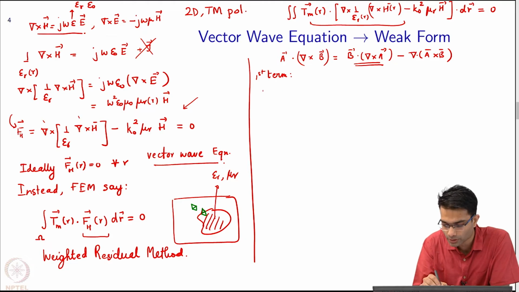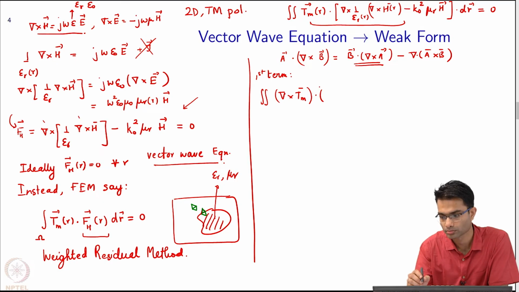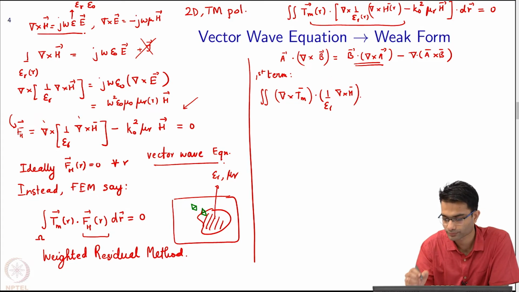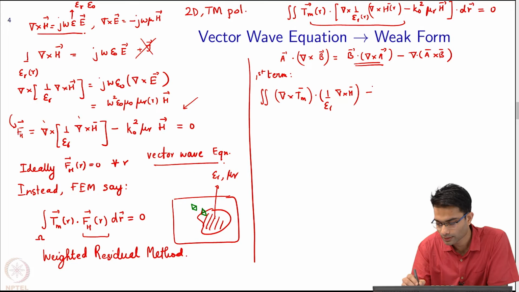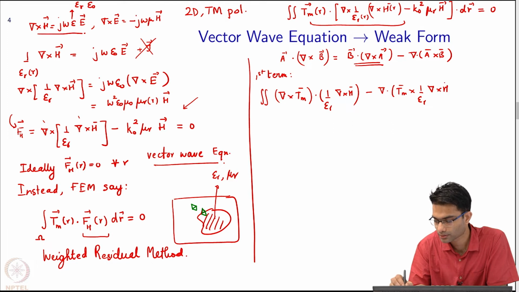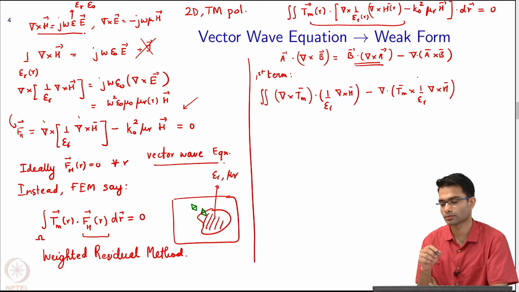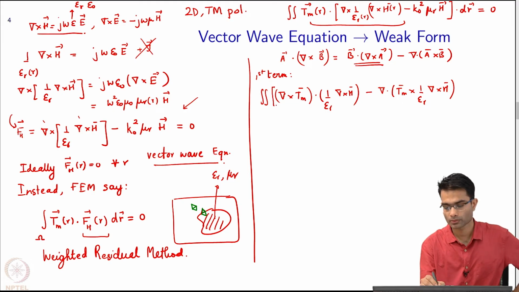So, the first term will become, so there is an integral over here, del cross Tm dot, now B is, sorry, there is no del cross B, just B, right. So, that is 1 by epsilon r del cross H. Then is del dot Tm cross 1 by epsilon del cross H.